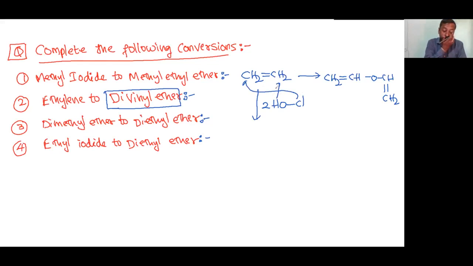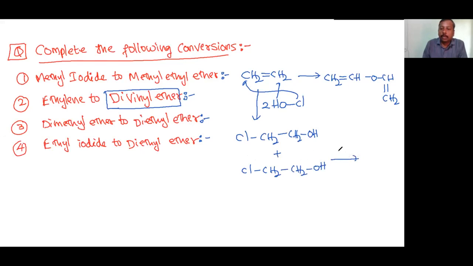Then the chlorine, CH2 double bond will become a single bond. Then CH2 will have OH. Here it will be CH2OH. Okay. So like that, how many molecules will be formed? 2 molecules will be formed. Okay, CH2OH. So these are the 2 molecules.